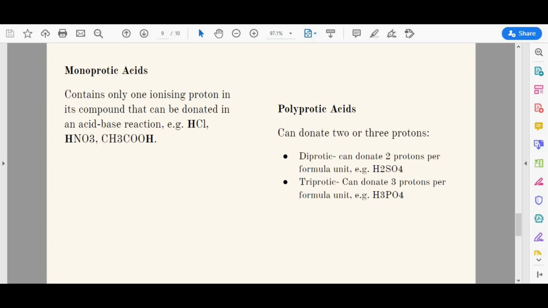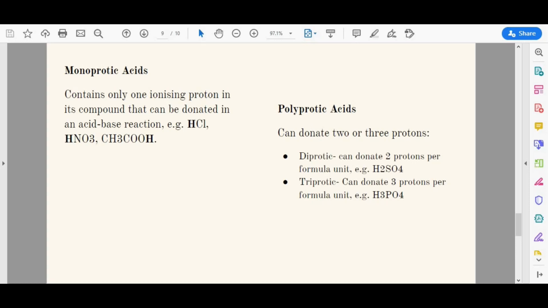So only 1 proton can be donated in any acid-base reaction, and up until now we have only looked at monoprotic acids. In this session alone we looked at HCl, hydrochloric acid. We see there's only 1 proton that is available to be donated.